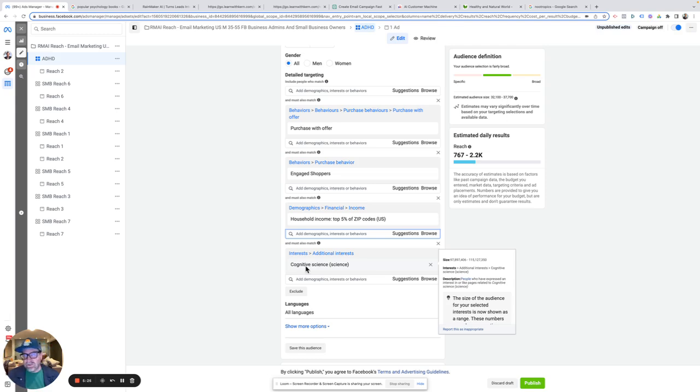Basically, you just want to keep whittling down until you get audiences that are small enough to give you results relatively quickly, either good results or bad results, and you'll know within a week whether or not that audience is actually paying attention to you.